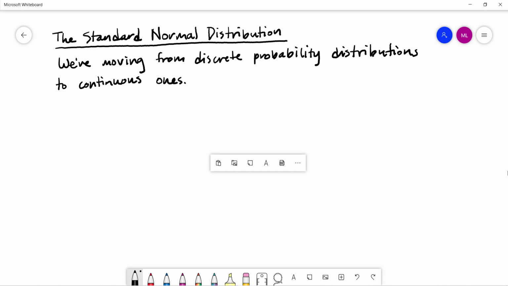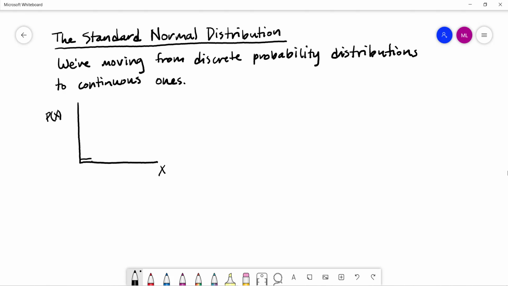A good way to think about this is to look back at some of the probability distributions we already looked at, and at their probability distribution histogram, which I said at the time we would more or less use interchangeably. We have x on one axis, p of x on the other, and a few bars in our histogram that give us some shape like this.